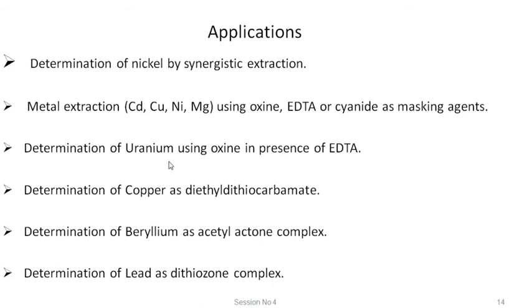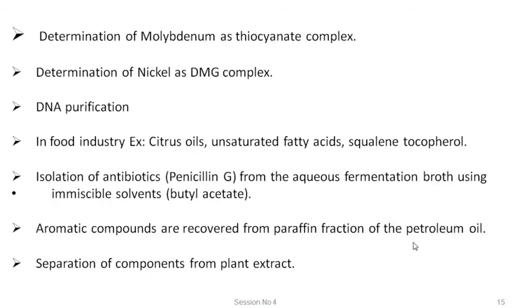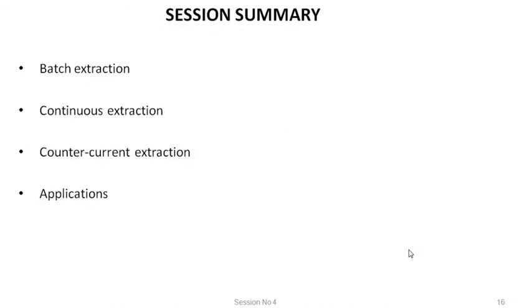It can be used for the determination of uranium using oxime in presence of EDTA, determination of copper as dithiocarbamate, determination of beryllium as acetylacetone complex, or determination of lead as dithizone complex. It can also be used for determination of molybdenum as thiocyanate complex, nickel as DMG complex, in purification of DNA, in the food industry, in isolation of antibiotics, aromatic compounds, or separation of components from plant extracts.